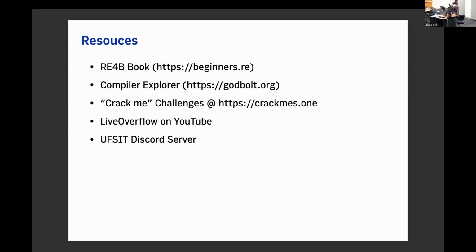One website, which, we're looking good on time, so maybe I'll show this a little bit in a moment, is Compiler Explorer. I've given this tremendous praise the past two times that I've done this presentation, but Compiler Explorer is a great website for being able to watch how C or most other programming languages actually turn into assembly.